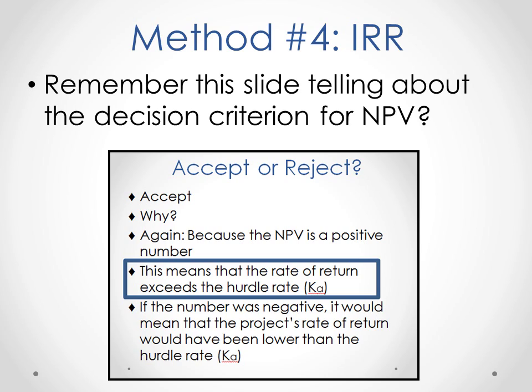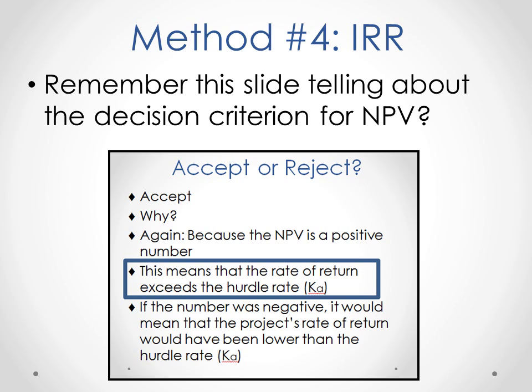Why should we do it? Because I've calculated the net present value and it's positive. Well, so we do it because it's a positive number? Yes. What does it mean that it's a positive number? When you have a positive net present value, that means that the rate of return on the project is higher than the cost, the K sub A of the project.